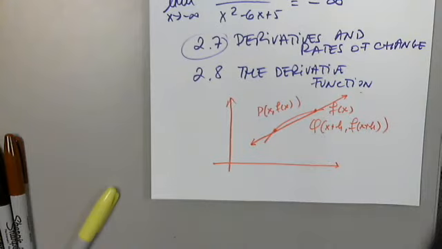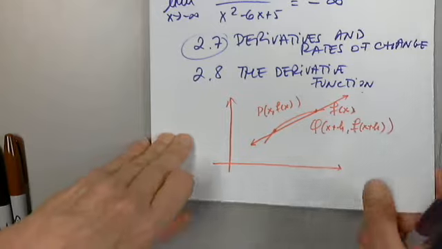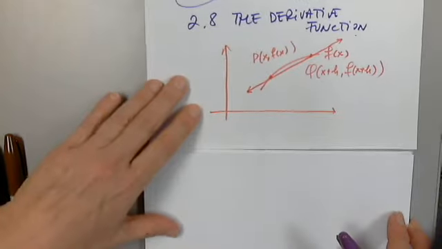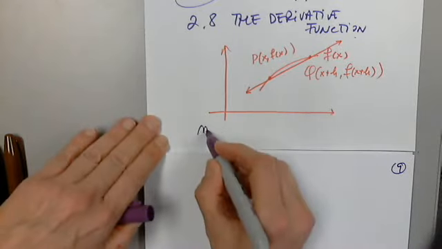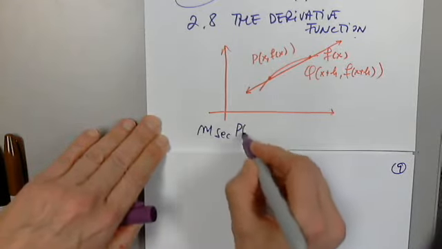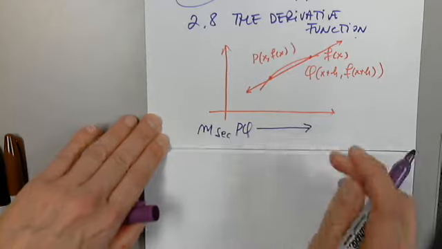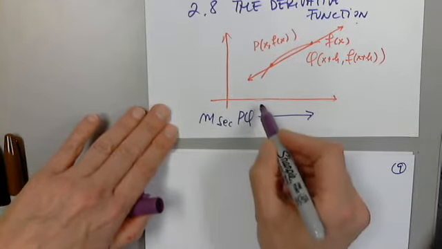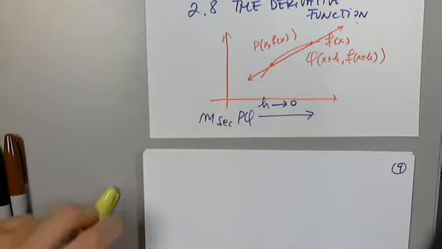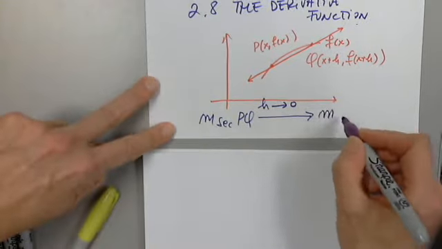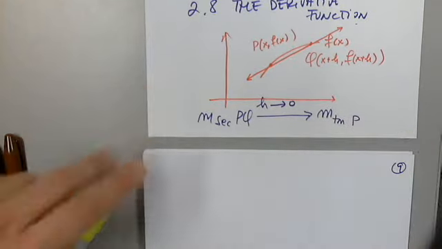And we also said, I know it was a long time ago, that the slope of the secant line PQ will approach, when h approaches 0, the slope of the tangent line at P.